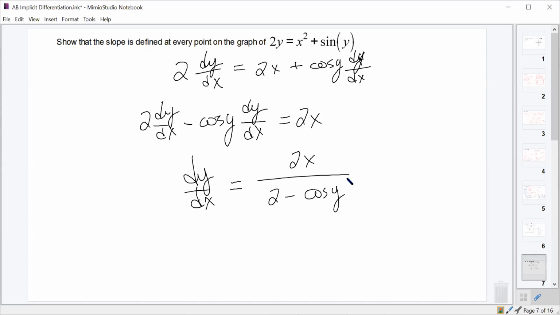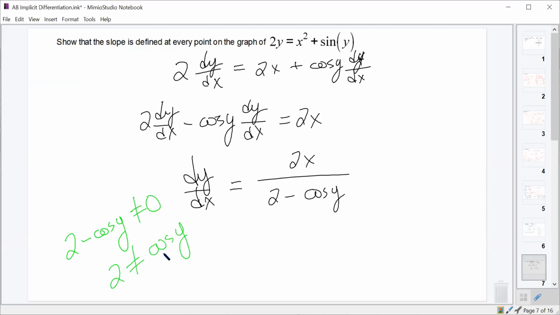Now then the question is, show that the slope is defined at every point. Well, can I plug in any number for x? Yep. And what about for y? Well, I can't have the denominator of this equal 0, right? So we'd have to say that 2 minus cosine y can't be equal to 0, which would tell us that 2 can't equal cosine y.